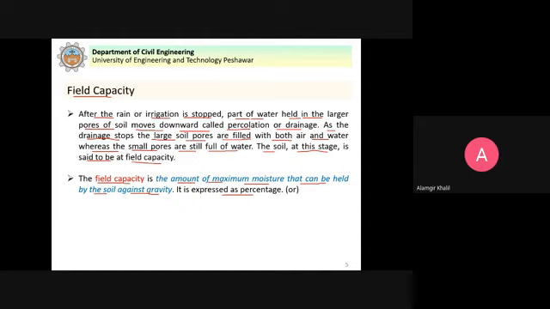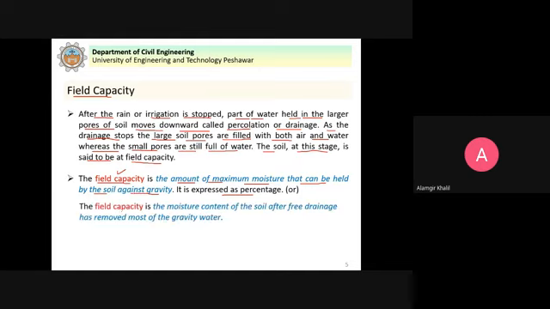Now when water is supplied, the soil becomes fully saturated, then due to gravity some water will drain. Due to percolation it will go down, but some of the water will be held by the soil against gravity. So the amount of maximum moisture that can be held by the soil against gravity is known as field capacity.